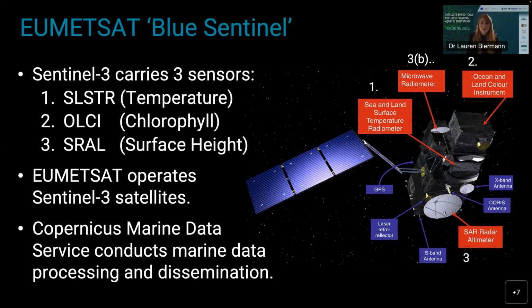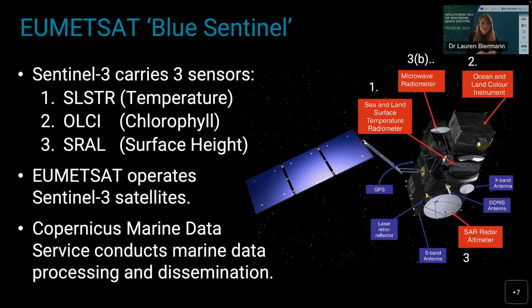We have the SLSTR, which is the sea and land surface temperature radiometer, to collect our sea surface temperature and land surface data, but we're obviously going to focus on the sea surface temperature. We have OLCI, which is our chlorophyll or ocean color sensor, the ocean and land color instrument, and then SRAL, which is our SAR altimeter.